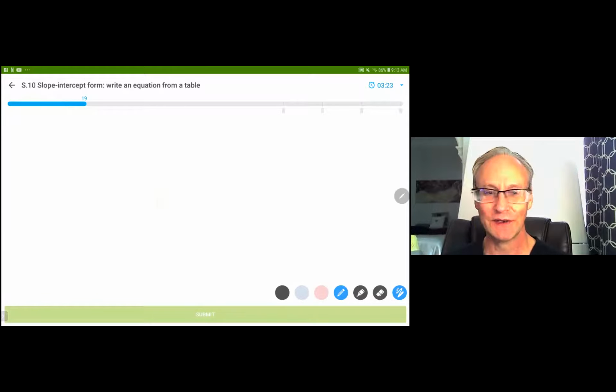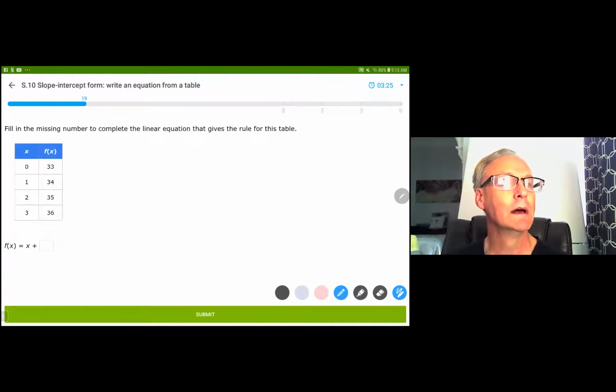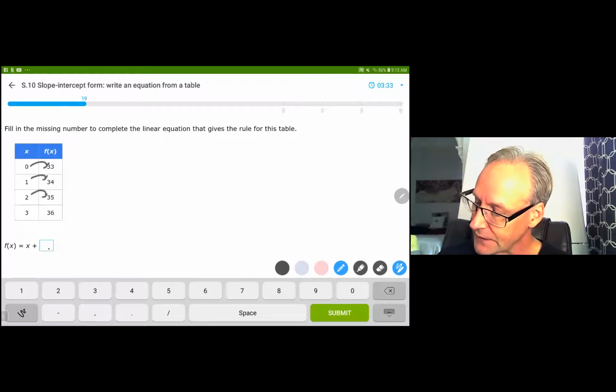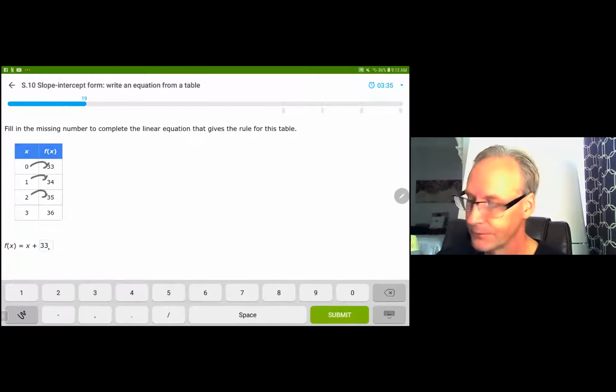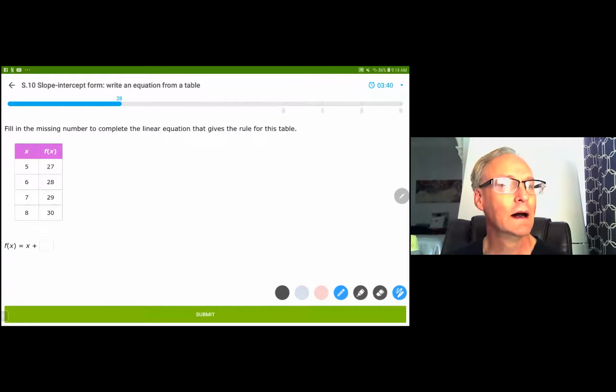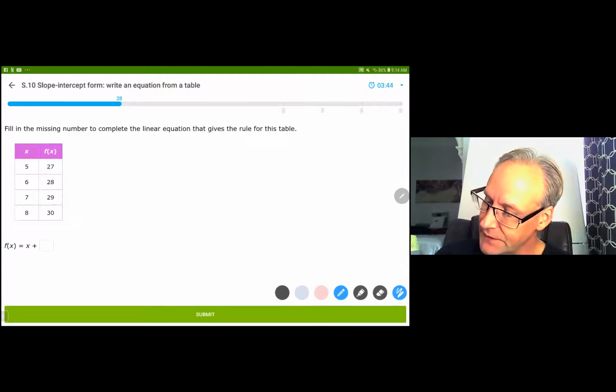We may have to go into more detail in a little bit. In this case, they added something, and of course they added 33 to get to the new value. So this is x plus 33. In this case, they added a number to get to f of x, and we added 22, didn't we?